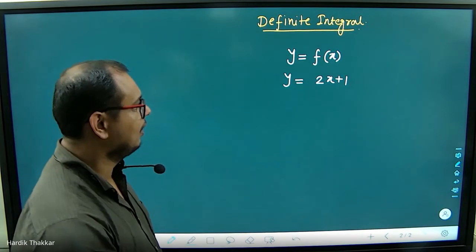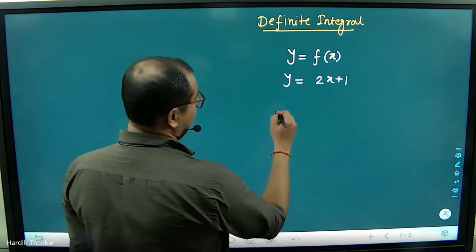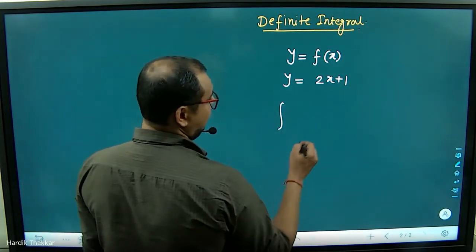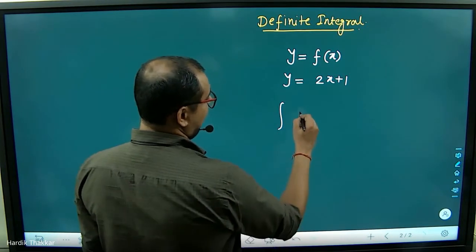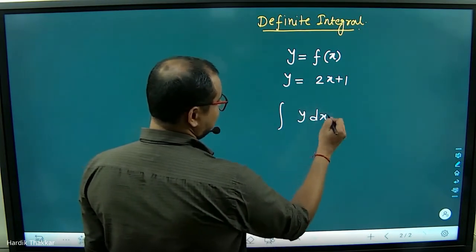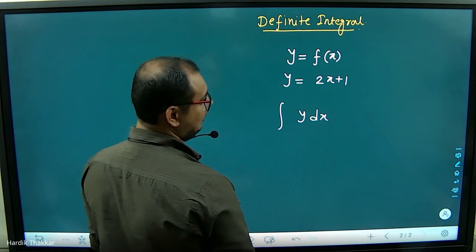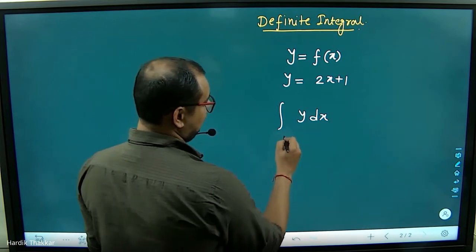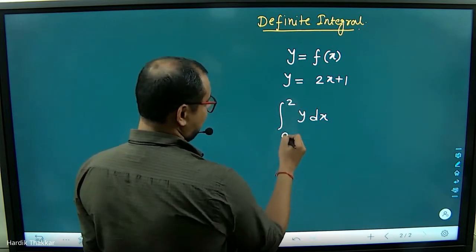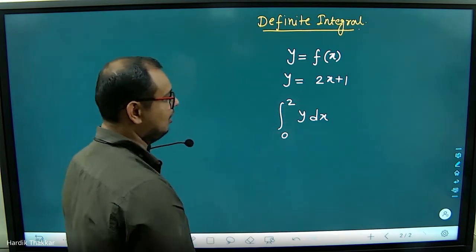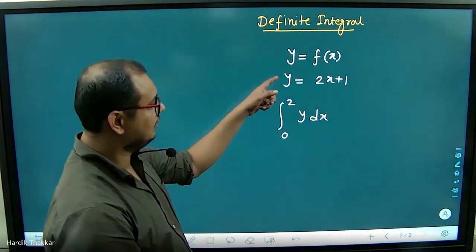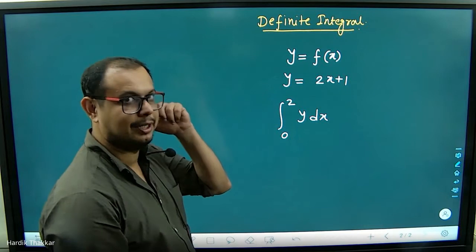Now if you want to find the integration of y dx from 0 to 2, these are the limits. So we are integrating this function for this interval only.